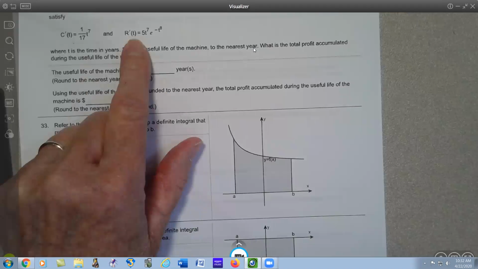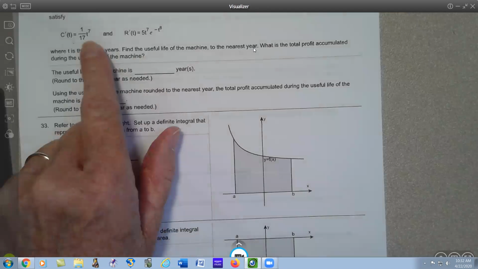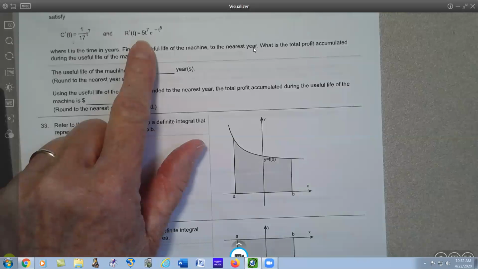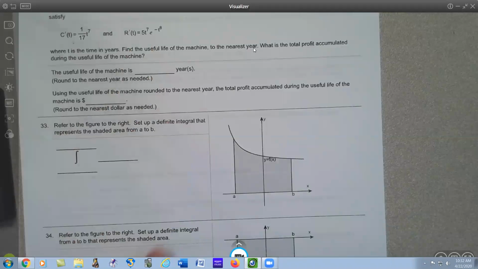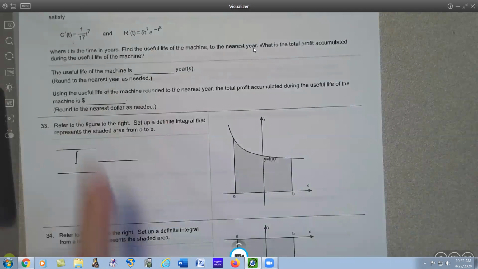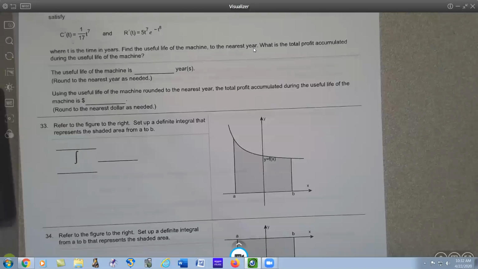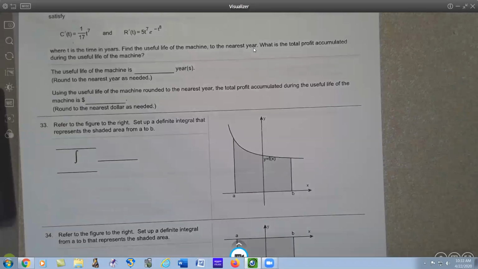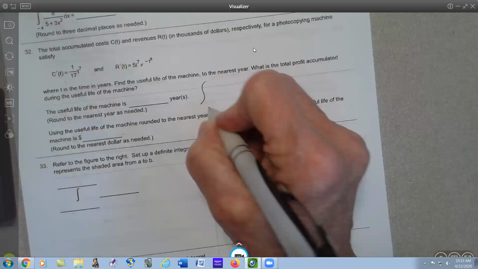Easiest way to do that is via calculator. The biggest thing is I want to see the setup. So you might have to answer that question, but after that, do the integral. And it's from 0 because that's when the photocopying machine was bought.